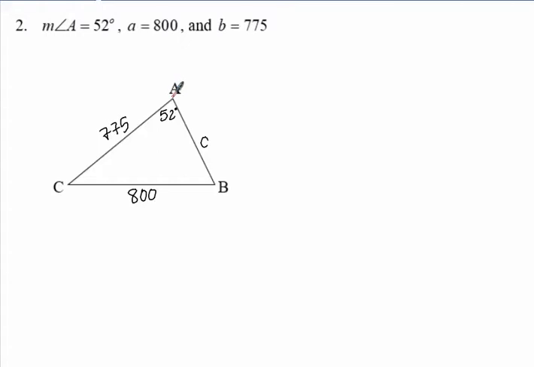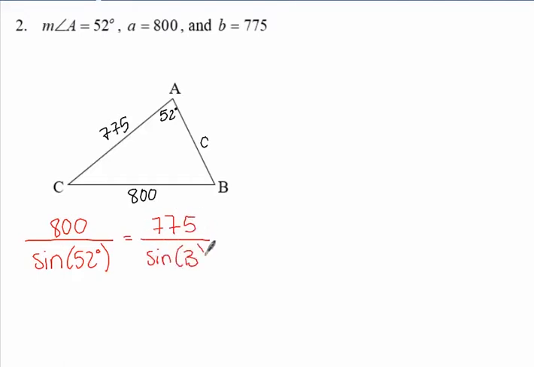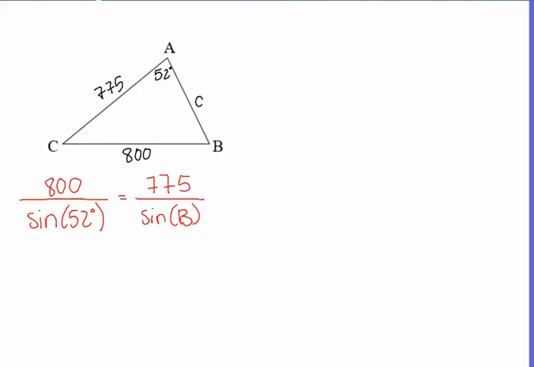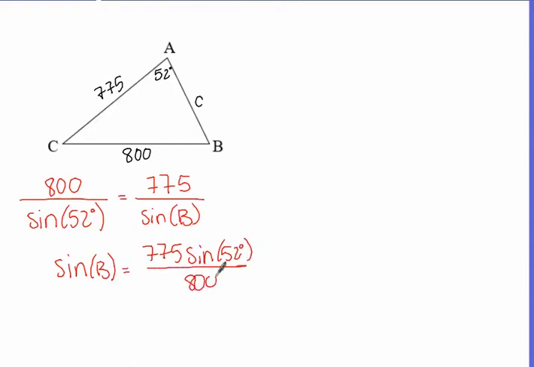I know angle A and its opposite side, so I'm going to use that to write my proportion. I'm going to have this equal to side b over sine of angle B. When I start solving this, I'm going to end up with sine of angle B equals 775 sine of 52 degrees over 800.